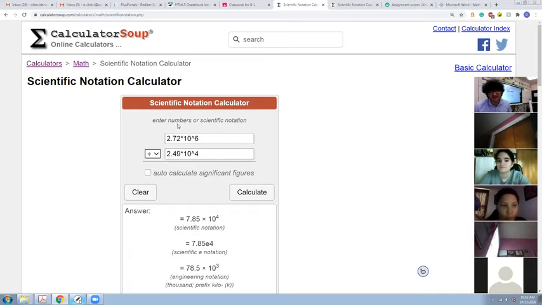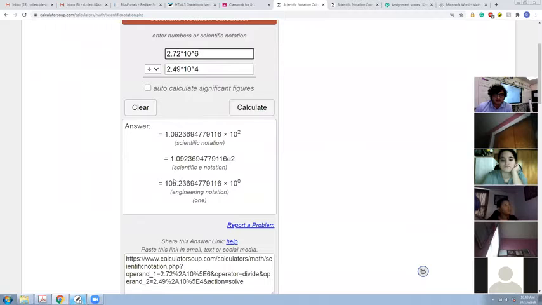But for this website, you don't have to put parentheses. But if you are using your calculator, you are supposed to put parentheses for each number. So now the answer will be 109.2369 and so on, right?